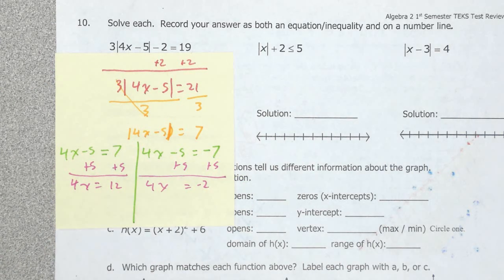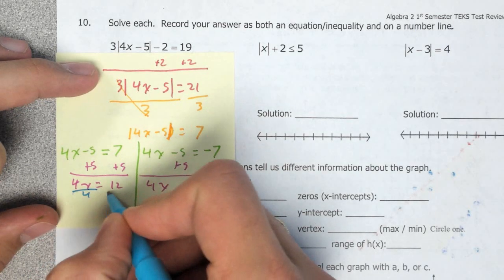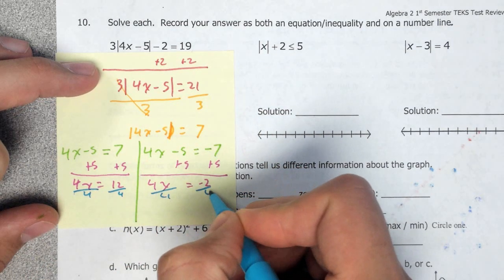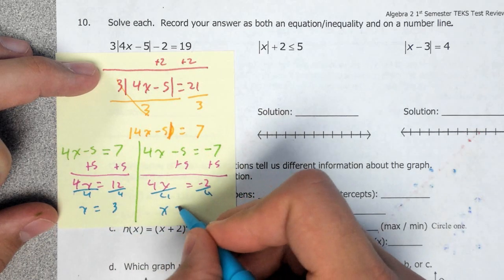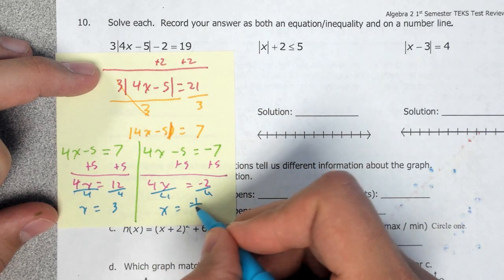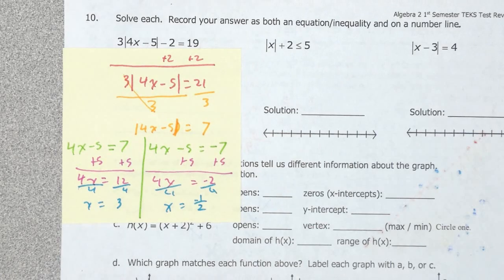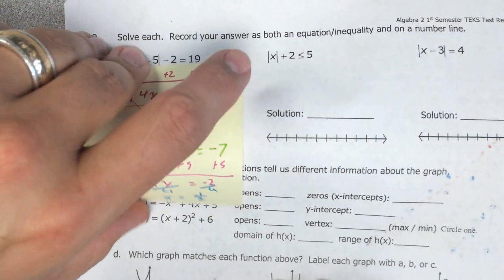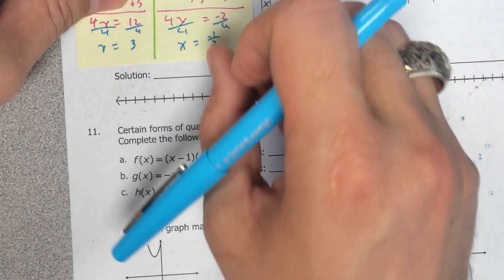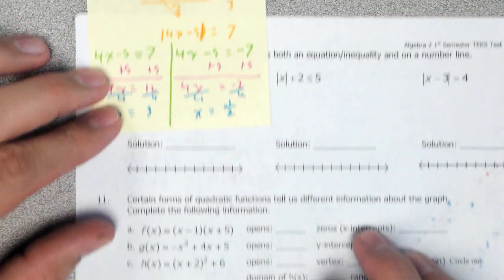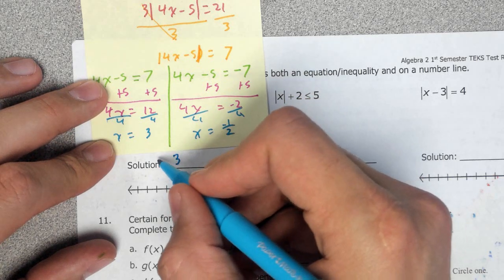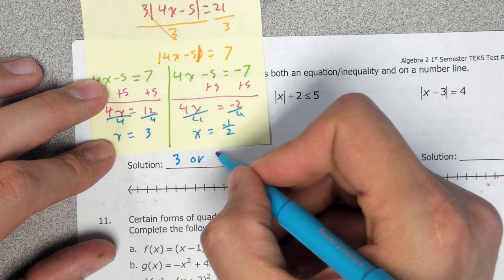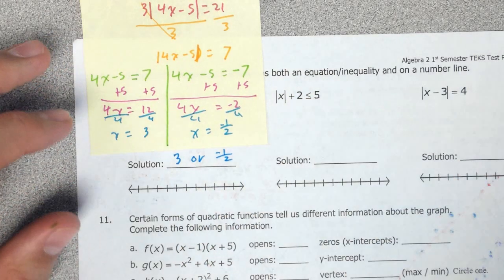My next step is to divide by 4, and I get x is equal to 3. x is equal to negative 1/2. Those are my 2 solutions. So if I'm writing the solution for this, it's going to be x is equal to 3 or negative 1/2.